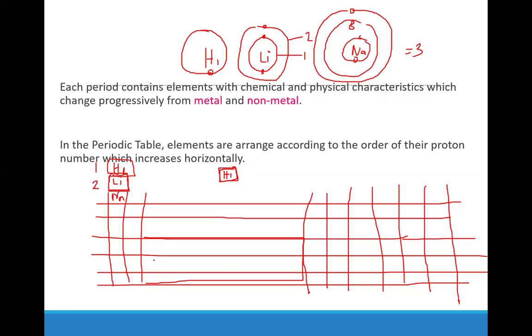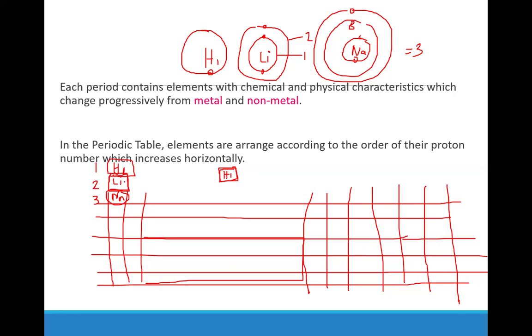So, for example, let's say we have lithium and we have sodium, right? I'm just telling you as an example. Lithium is less reactive than sodium. Okay, it's a fact.